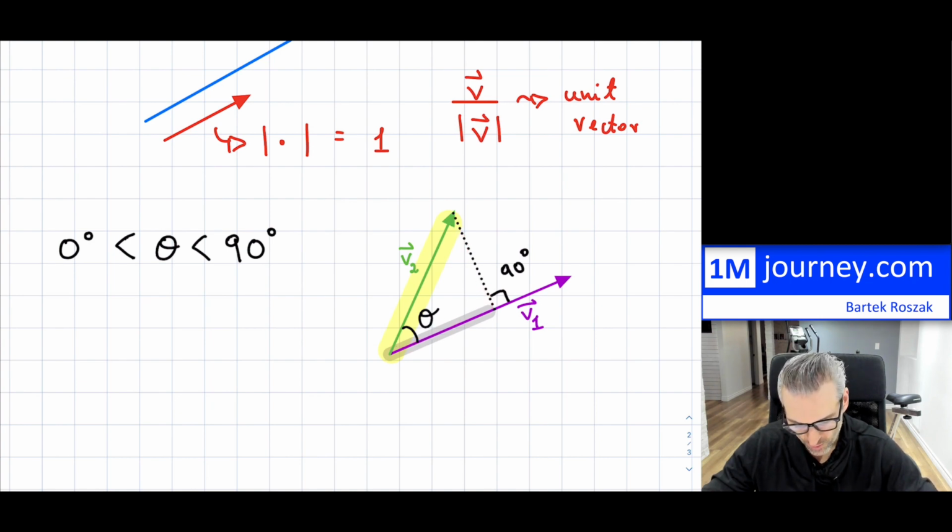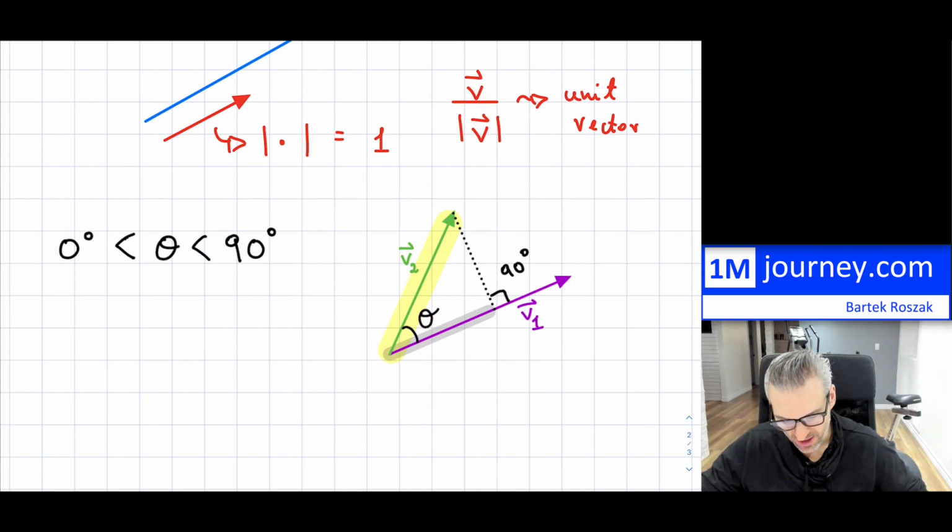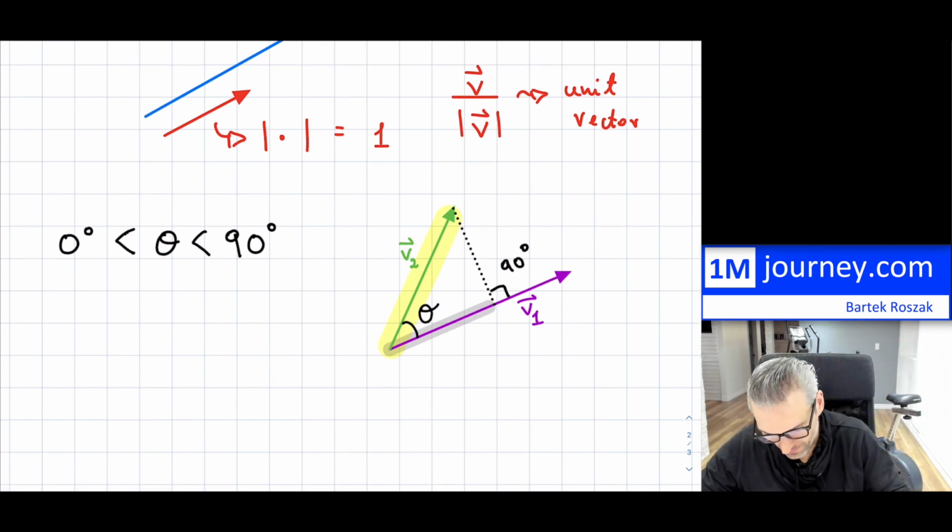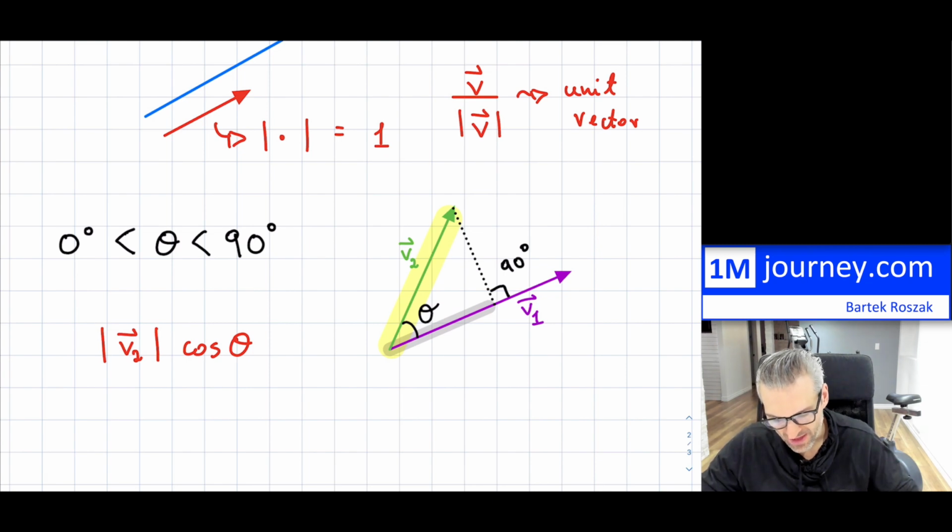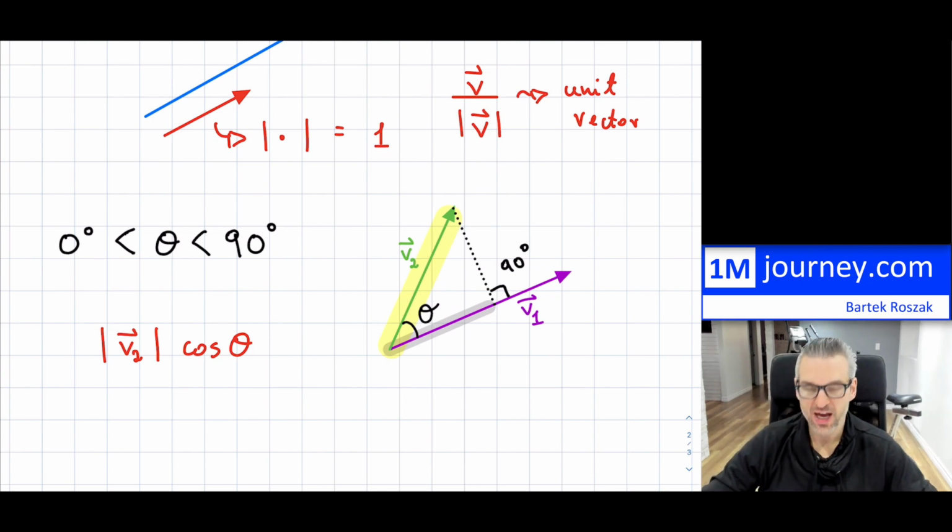And because we know what this angle is, it is very easy for us to find this shadow magnitude. That shadow magnitude is nothing else but the magnitude of the v2 vector, whatever that is, multiplied by the cos of the angle in between. And that's going to be the actual shadow.